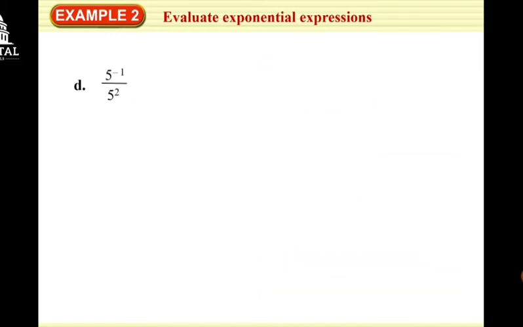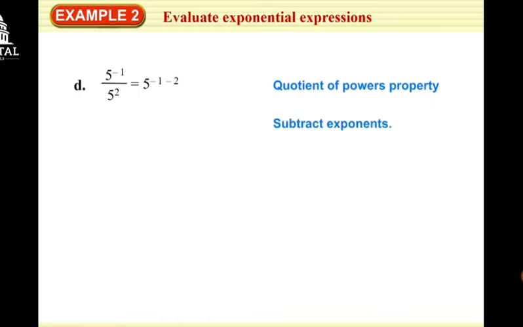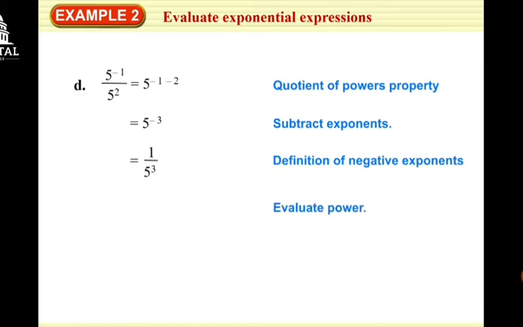Another example, we have here division, so we will subtract the powers, then subtract, it will be minus 3. Negative exponent rule, it will be 1 over 5 to the power of 3, which equals 1 over 125.